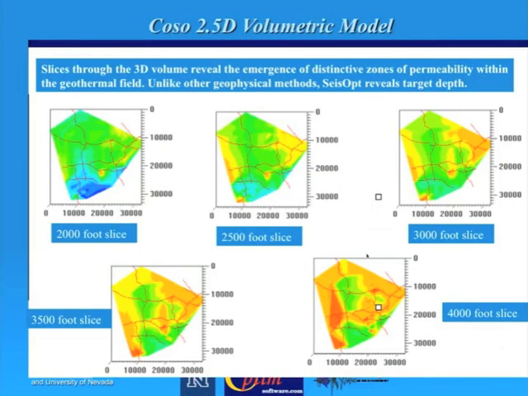And so we can slice our way down through that, and you get, for instance, to 4,000 foot depth, and the reservoir area, in green and in low velocity, becomes very obvious, surrounded by higher velocity orange and reds. Also here at 3,500 feet, there's this other area at the Coso Wash, which is also a low velocity area.